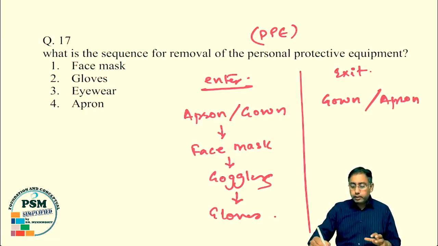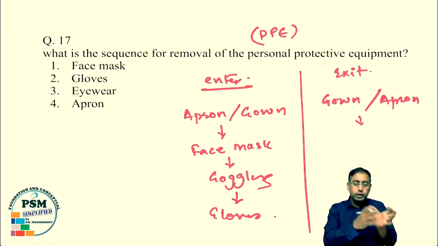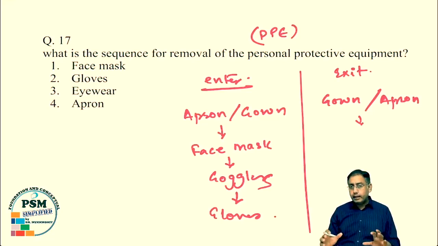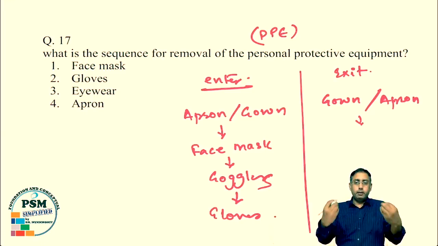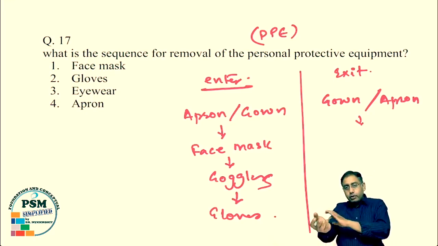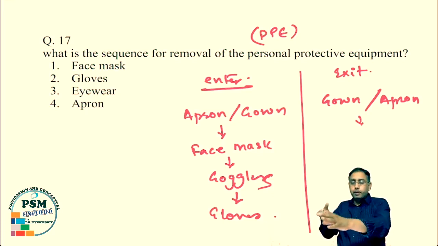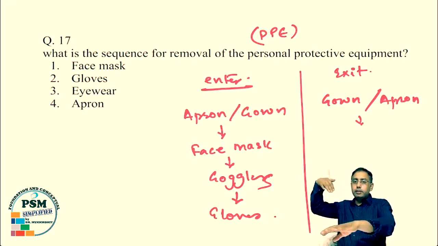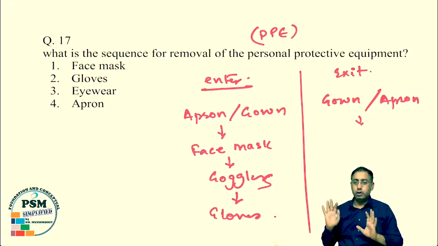So there is a discrete WHO criteria and a separate CDC criteria. In both criteria, the nutshell is you need to take off the apron. One example is you can take off the apron with the gloves also. So you take off the apron, turn it inside out, and you take off the gloves along with it.